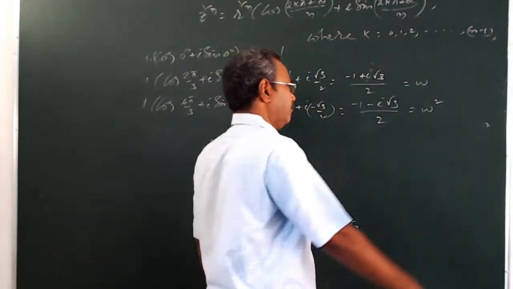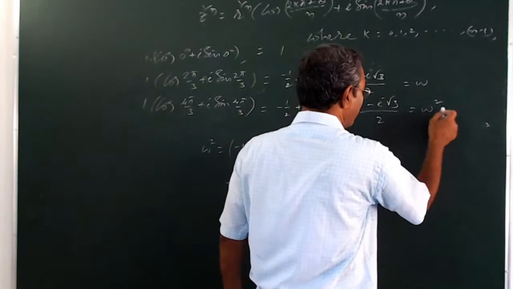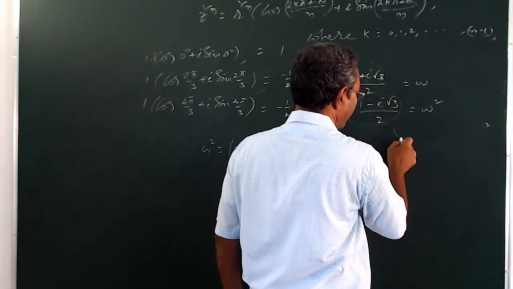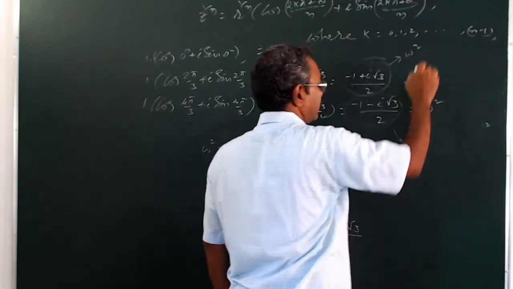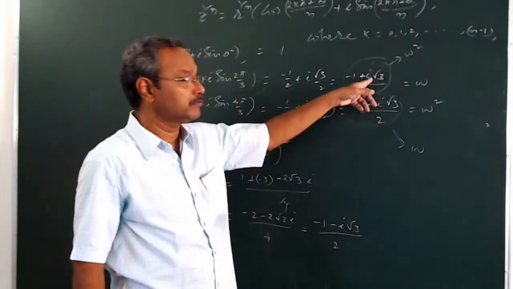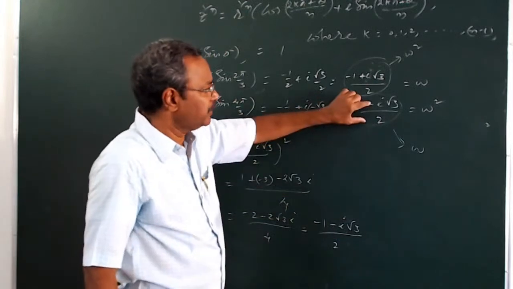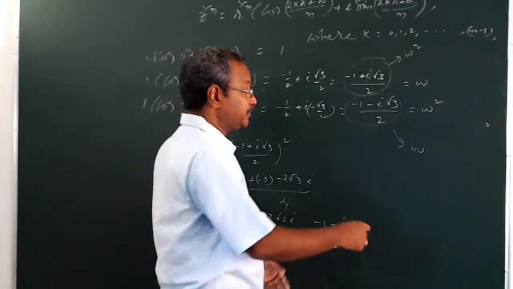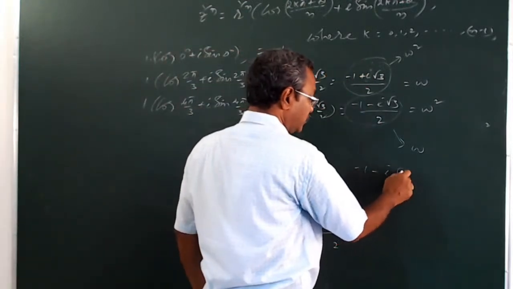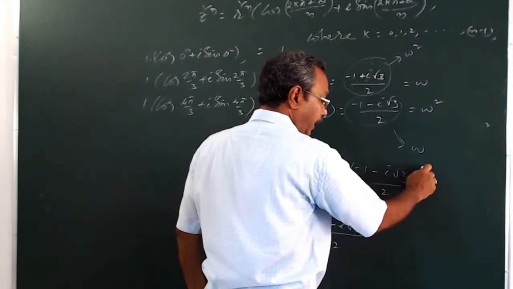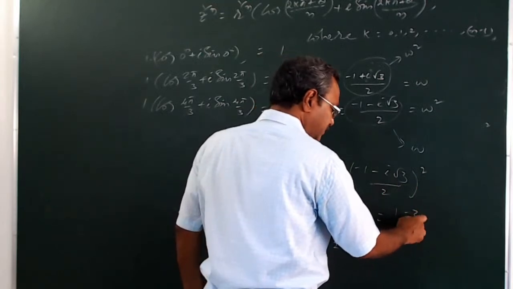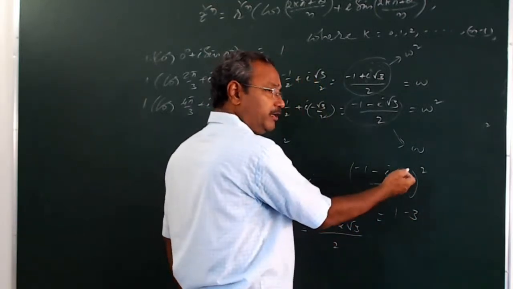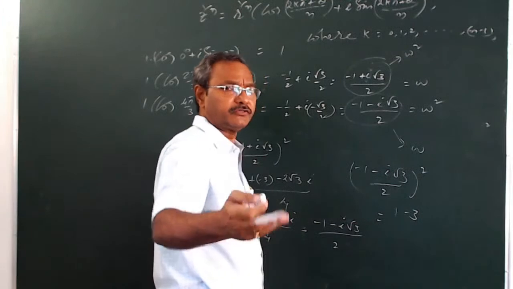For example, if this is omega square, that means the square of this one is this one. Let us see. (Minus 1 minus i root 3)/2 whole square. This is a square, that is 1. b square is minus 3, because it is i square into 3, and i square is minus 1, so minus 1 into 3 is minus 3.